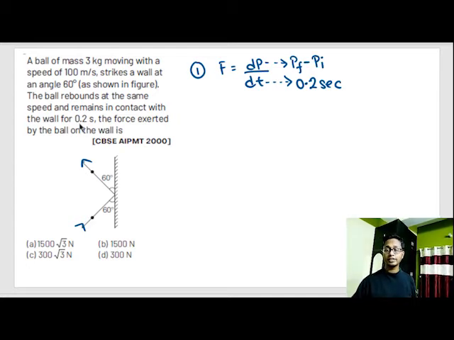All these are vector units. Final momentum and force are vector units. Time is a scalar unit, mass is a scalar unit. Always remember the difference between vector and scalar.